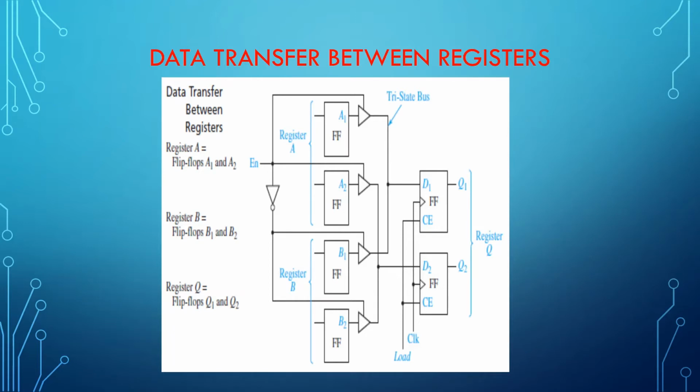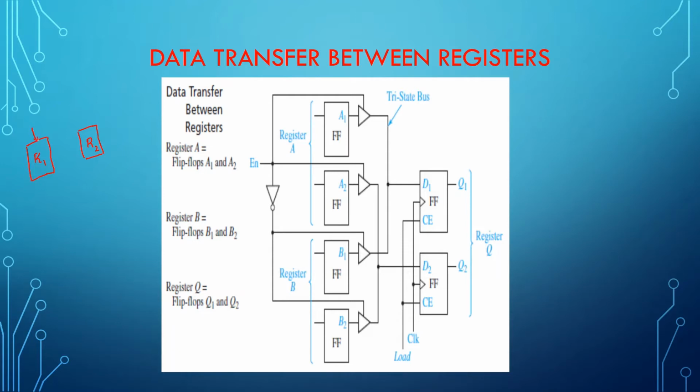So let us say, for example, that I have two registers. This is my first register, let me name it register R1, and this is my second register, register R2. For study purposes, let us say that this register has some data.